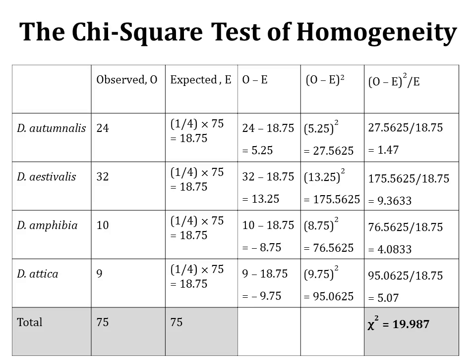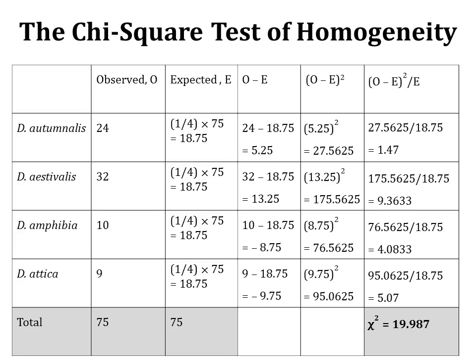So we calculate that for every class. For Dixella aestivalis, the square of the difference divided by the expected frequency is 9.3633. For Dixella amphibia it is 4.0833, and for Dixella erica it is 5.07.